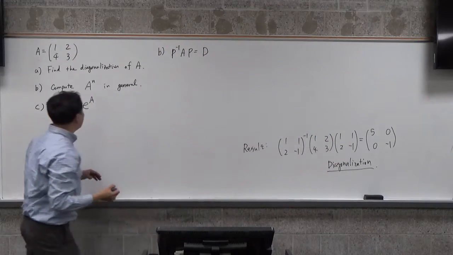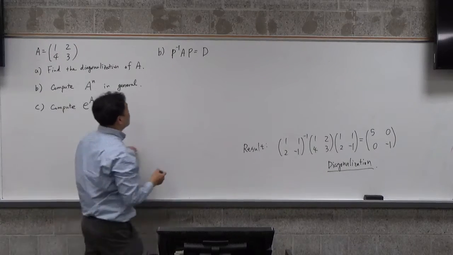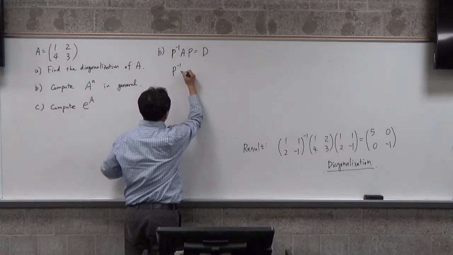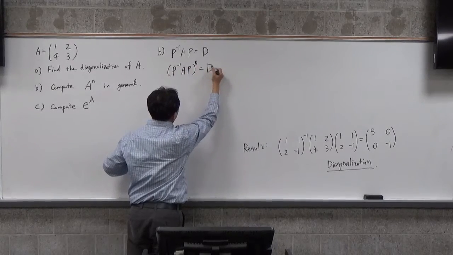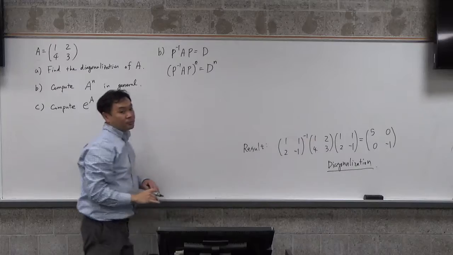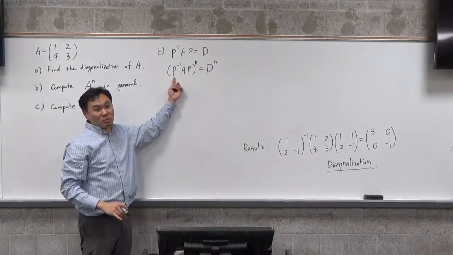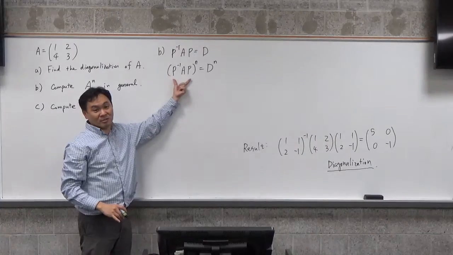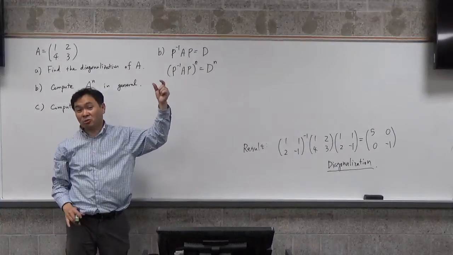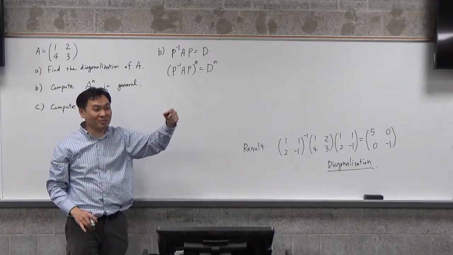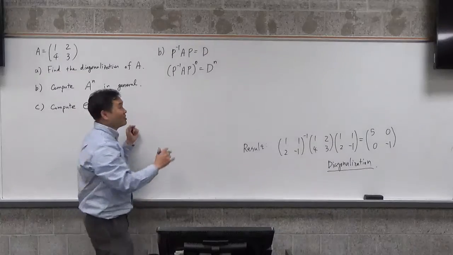And I'm in need of finding A to some power n. So what do we do? We take this to the power of n, this to the power of n. And I gave this a name. Do you remember what this was? This thing inside is called conjugate.